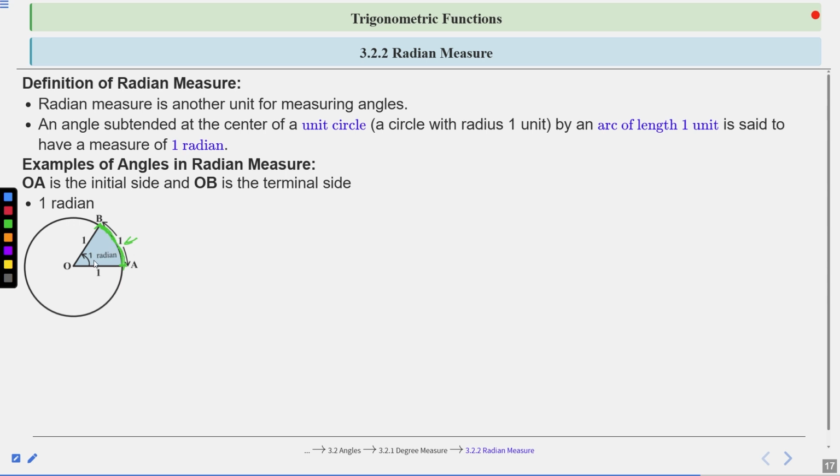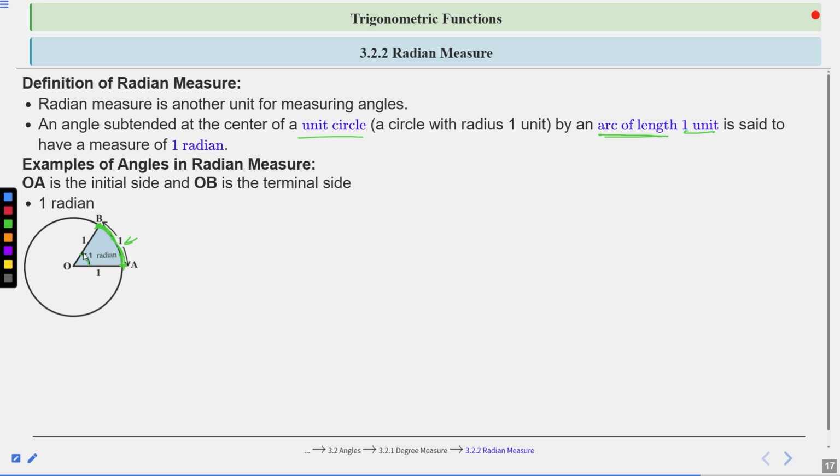If your movement is in such a way that the arc length is 1 unit, so your anti-clockwise movement on the unit circle, taking OA as your initial side, moving 1 unit on the circumference of your circle, then your final position is at B, final side OB, your terminal side.